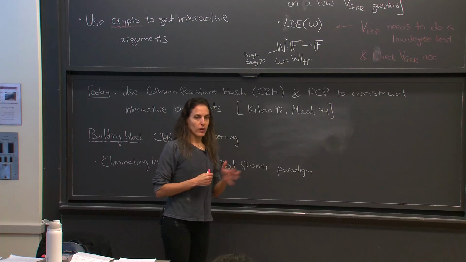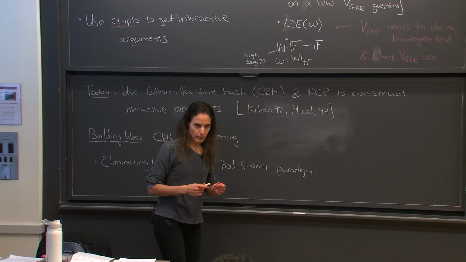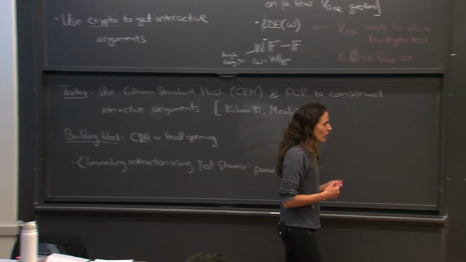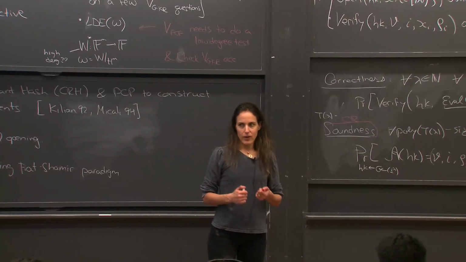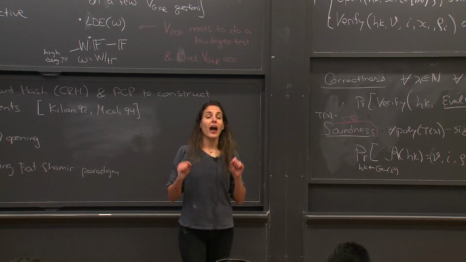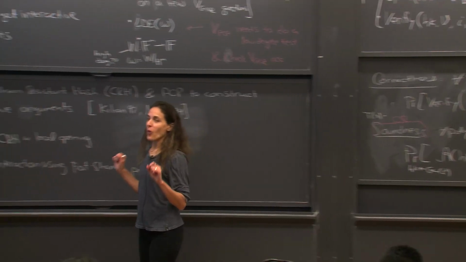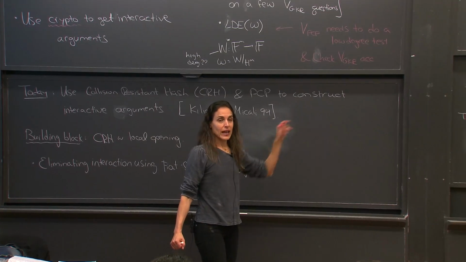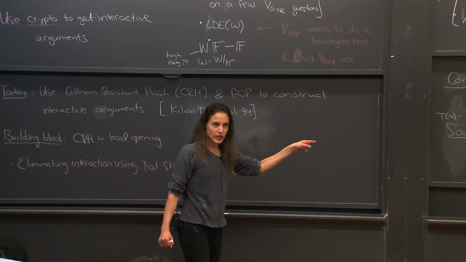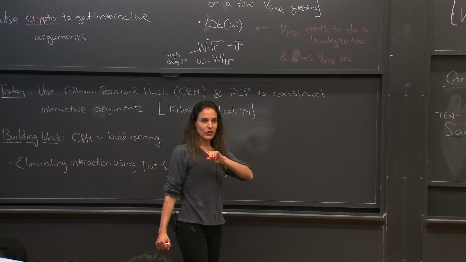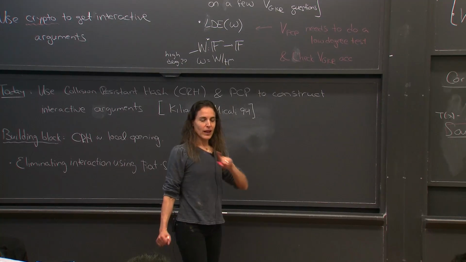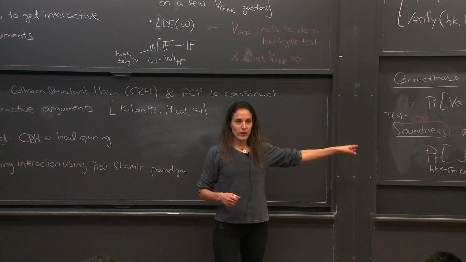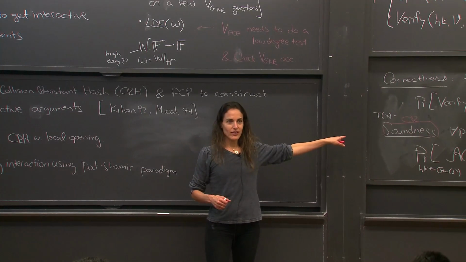Any questions about the property? Now I have 2 things I want to do. One is show you how you construct this thing. And 2, show you how to use it to construct an interactive argument. Any preference on the order? Who wants construction first?